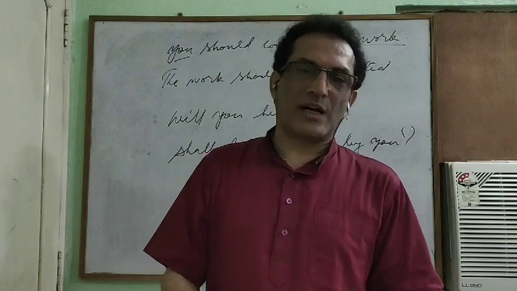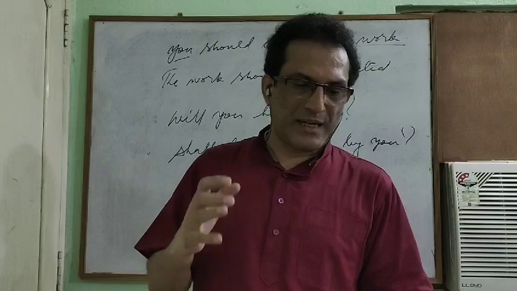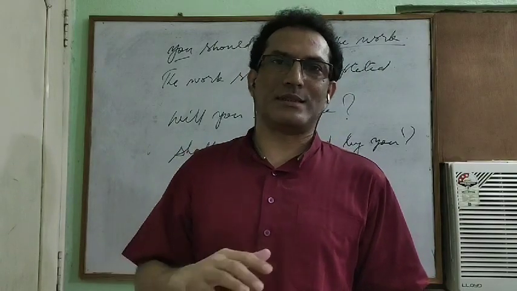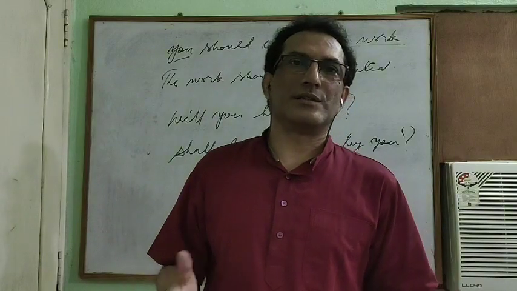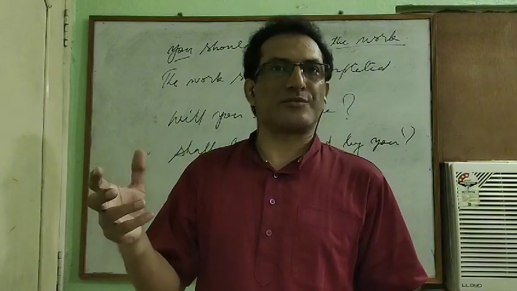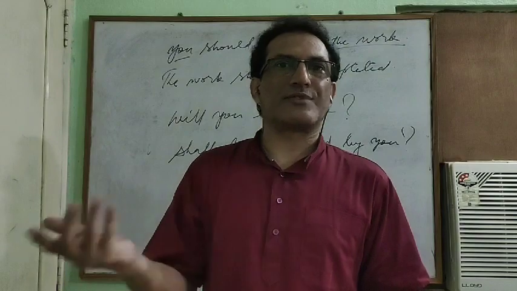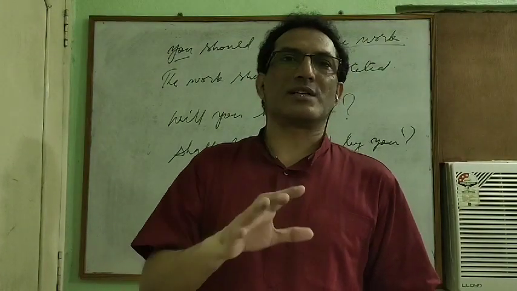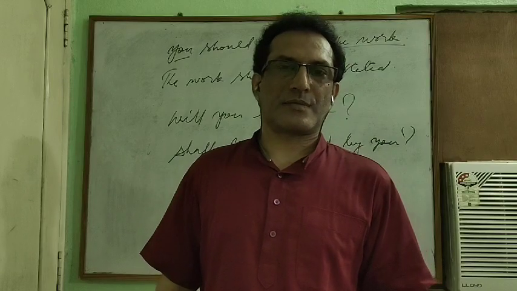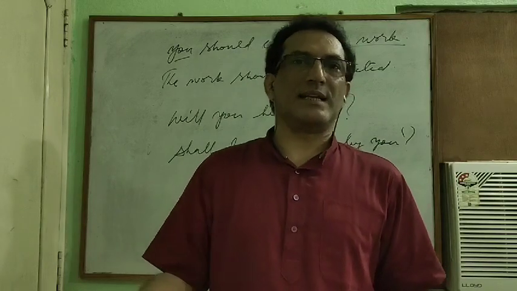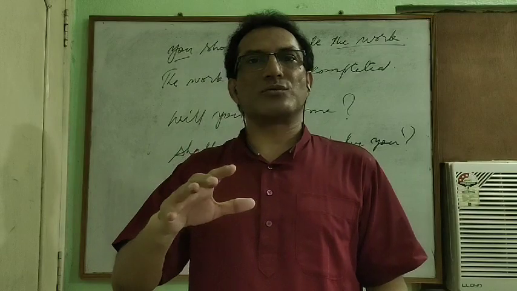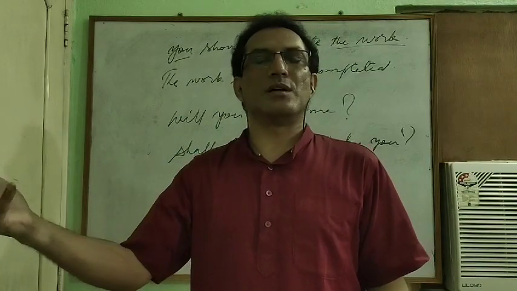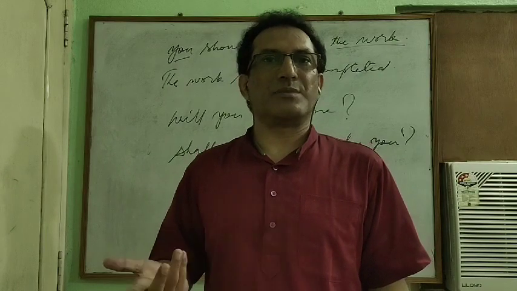The first: we use passive voice mainly to avoid mentioning the agent. Agent means the doer, the object of the passive. The doer of the action is not important, who did that. For example, he was found stealing. By whom is not important. He was found missing by whom? Maybe by me, I found him missing.